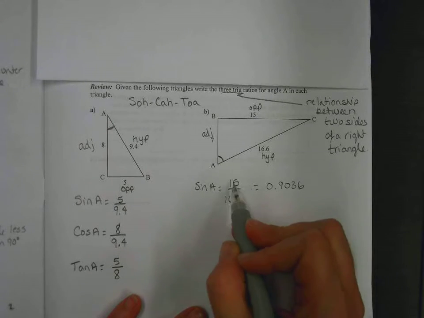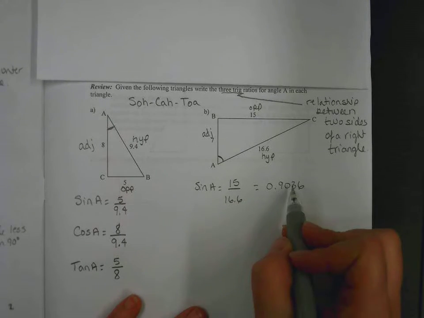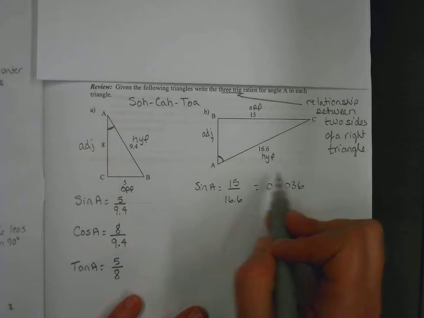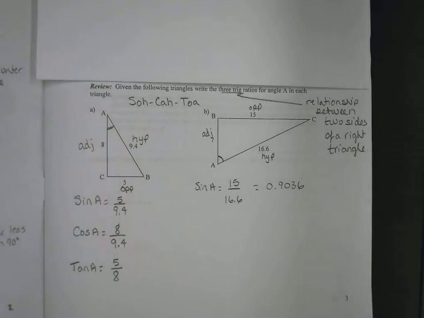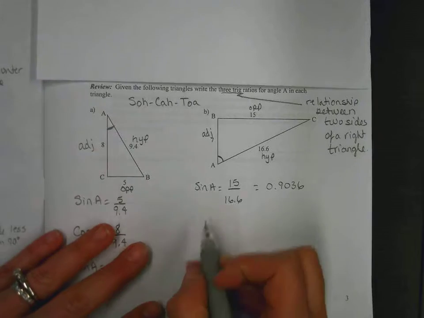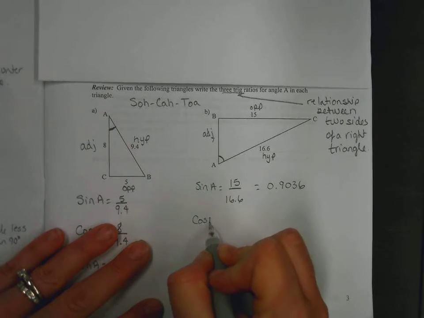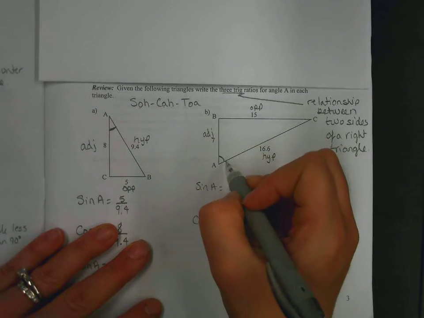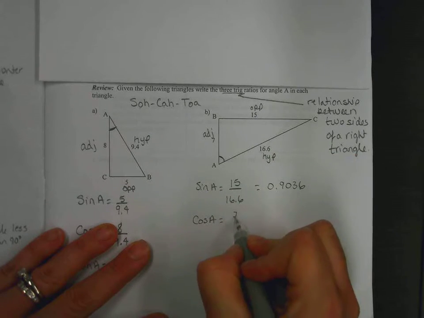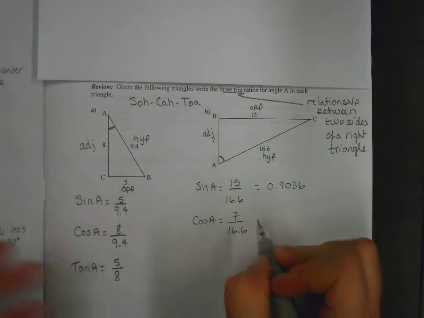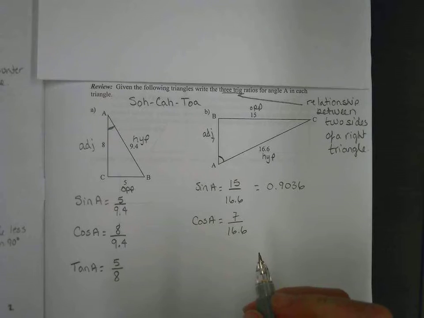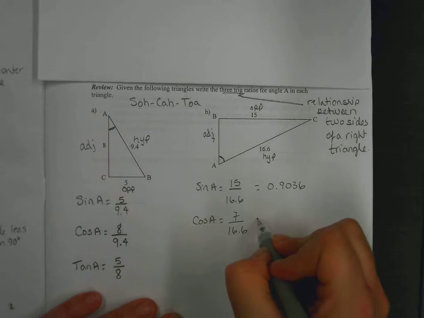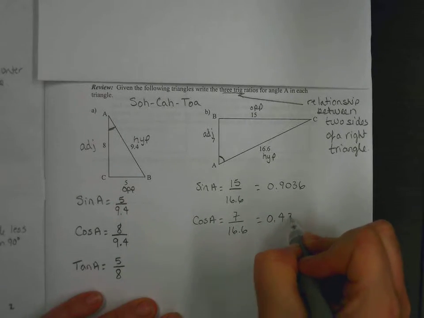Okay? So remember, a decimal or a fraction, it doesn't matter. This number or this fraction is representing a relationship between the opposite and the hypotenuse side of a right angle triangle. Same with cos of A would be 7 over 16.6. And that would work out to be a decimal of 0.4217.